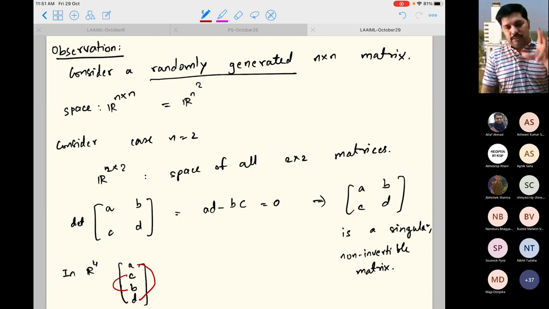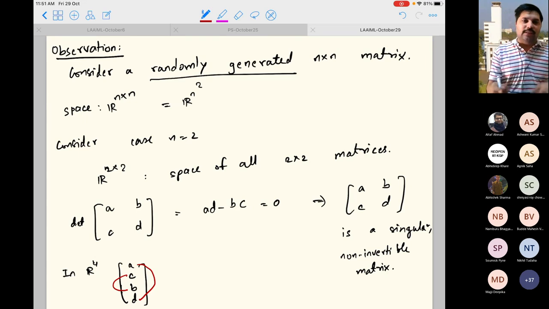If you choose these four numbers randomly, then the chances are almost zero that AD will be equal to BC. The chances are really very low. Do you all agree? So the set that you are really looking at here, in general n by n, in particular 2 by 2, is really a very small set.